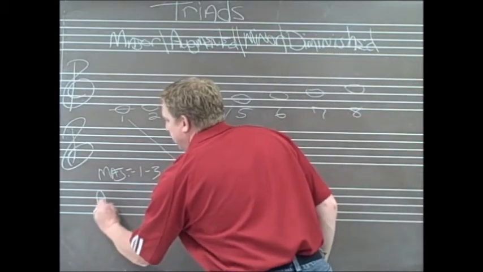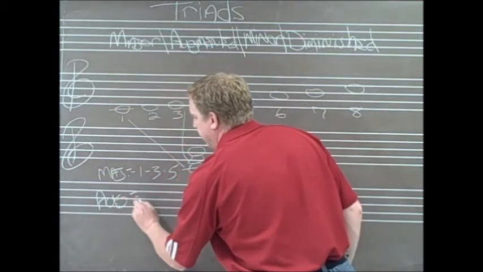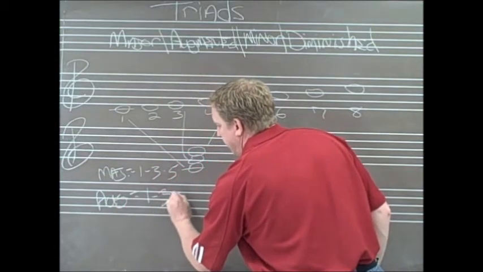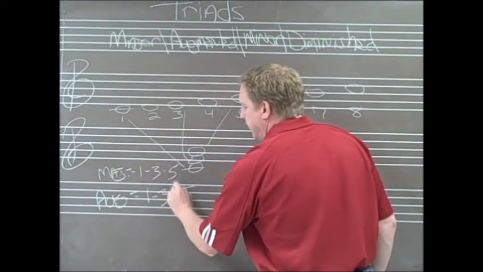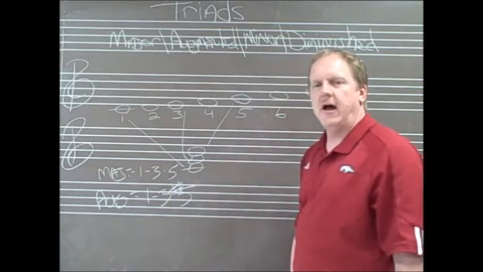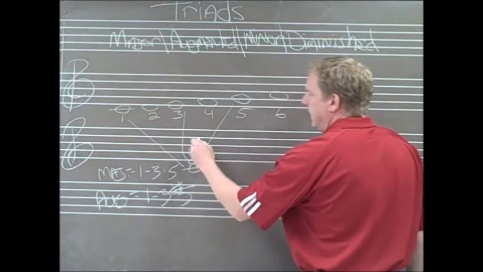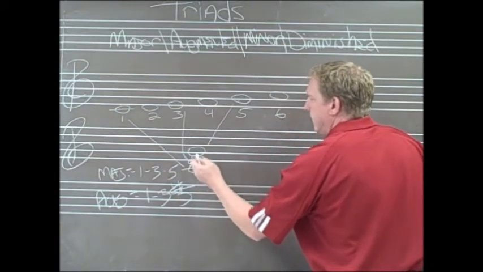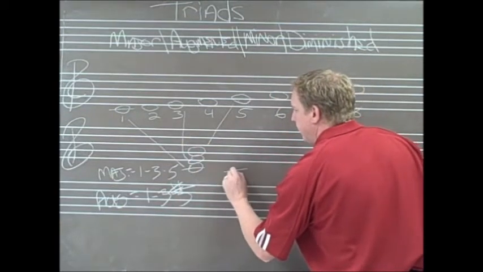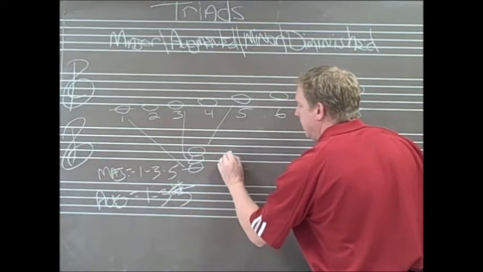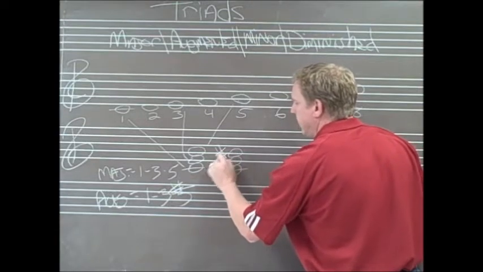Augmented, number formula for augmented equals, it's the same as major almost. 1, 3, and 5, but you sharp the 5. So it's 1, 3, sharp 5. In our case then, a C augmented chord would be C, E, G sharp.